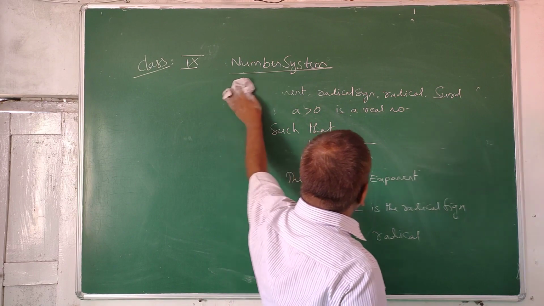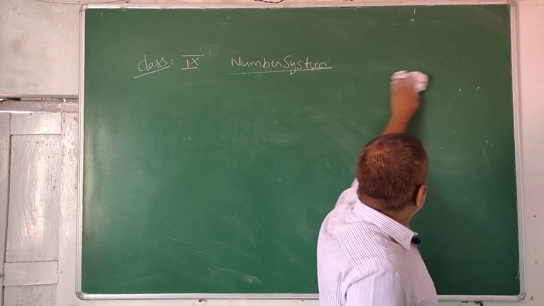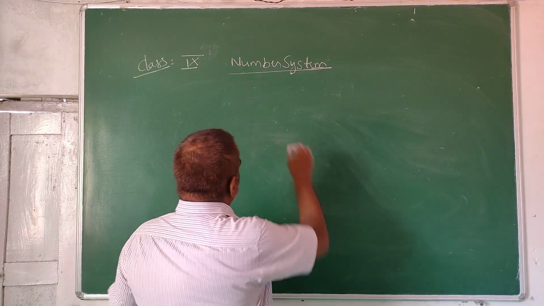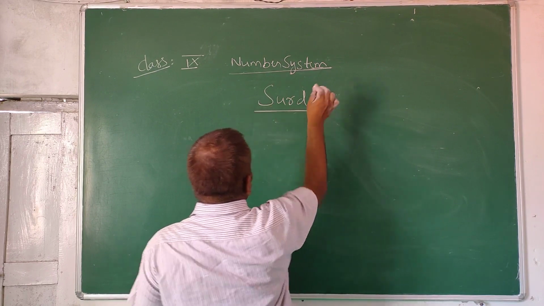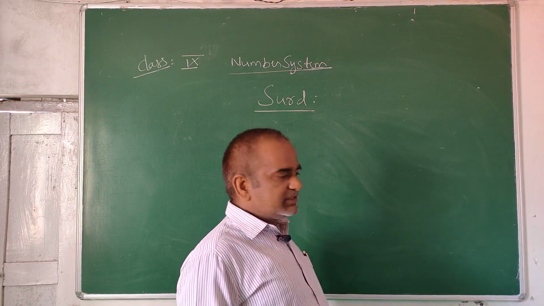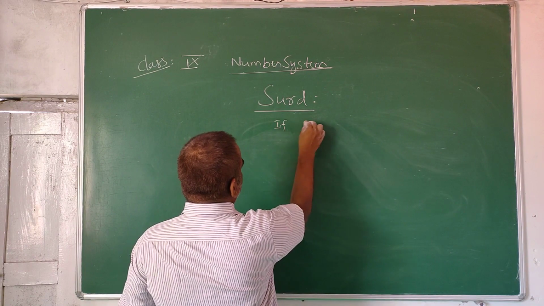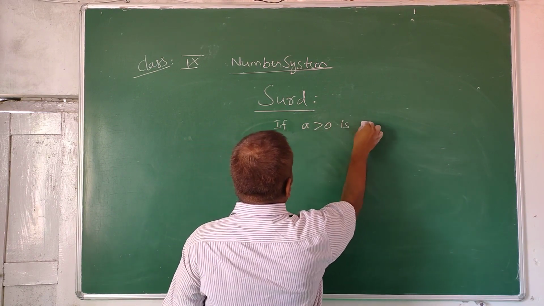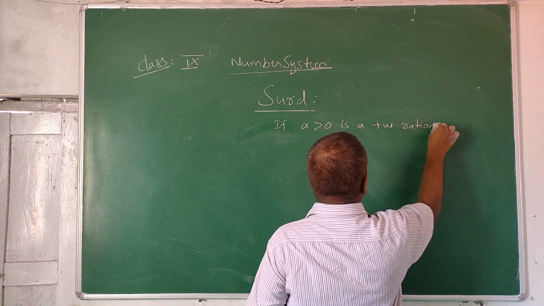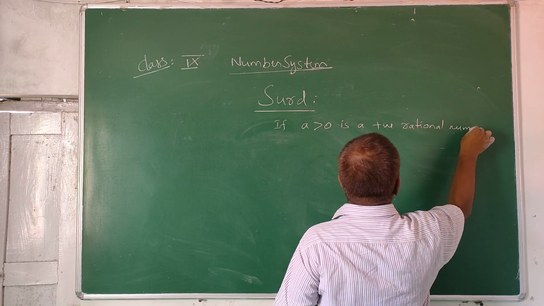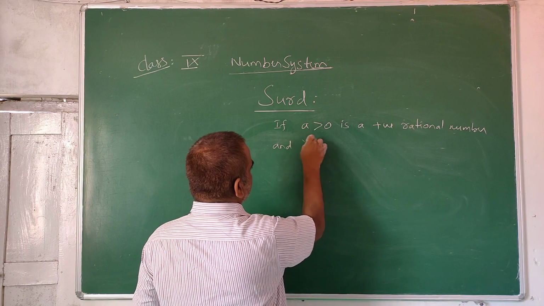So next we are going to discuss about surd. Surd means, I'll explain here. If a is greater than 0, a positive rational number, and n is a positive integer.